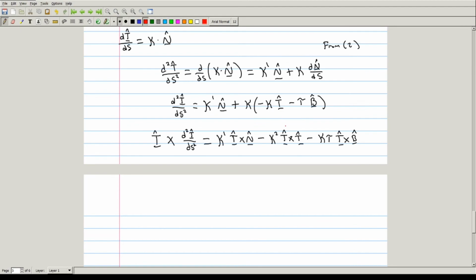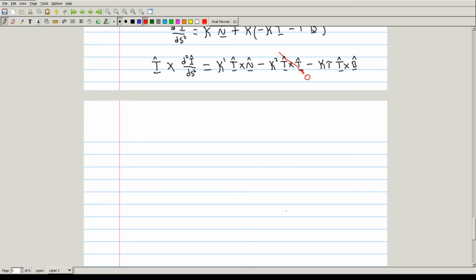And it's going to simplify in the sense that this t hat cross t hat is going to be 0. We can also simplify this a little bit more by noticing that t hat cross n hat is just equal to b hat, and negative t hat cross b hat right here is going to be equal to n hat.